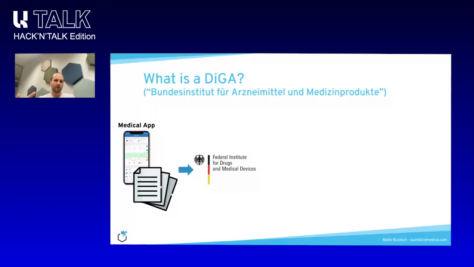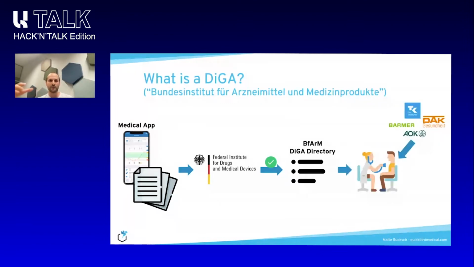And if you fulfill those, you get into the BfArM DiGA-directory. And that's actually pretty hard. It's very hard to get in there, so don't underestimate the effort. More on that later. And if you are in the BfArM DiGA-directory, and that's the cool part, you get access to all of the insurances out there.